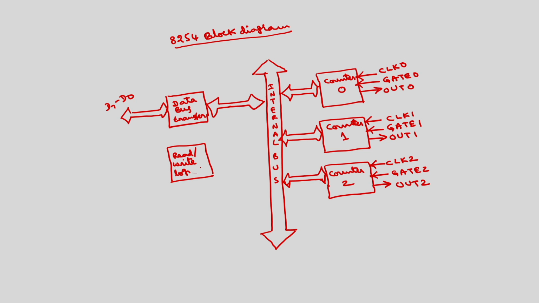For this block we have the chip select signal, A1, A0, read bar, write bar. And there is one control word register which is similar to 8255. To program these counters, timers, we need a control word register.